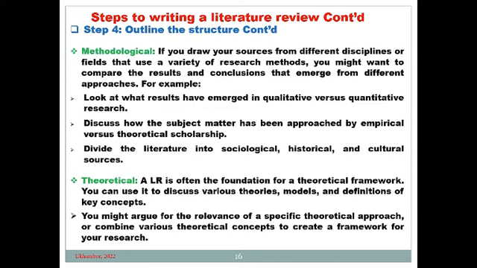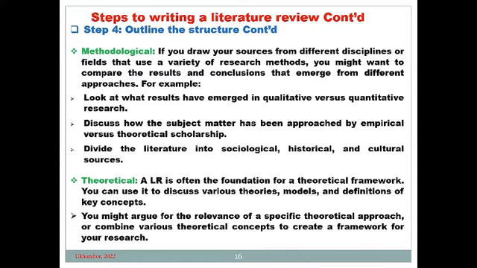I give an example here. If you look at what results have emerged in quantitative versus qualitative research, some people did quantitative research, some people did qualitative. Do you want to compare the results from these two different approaches to research?